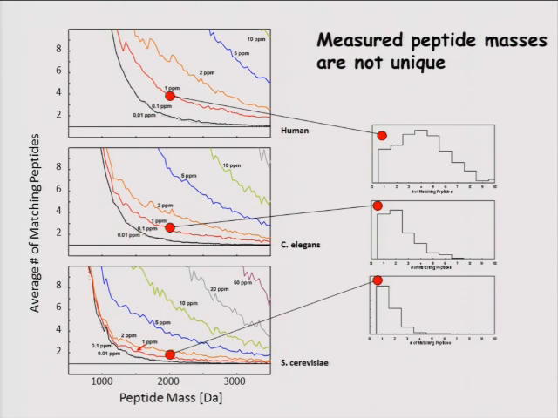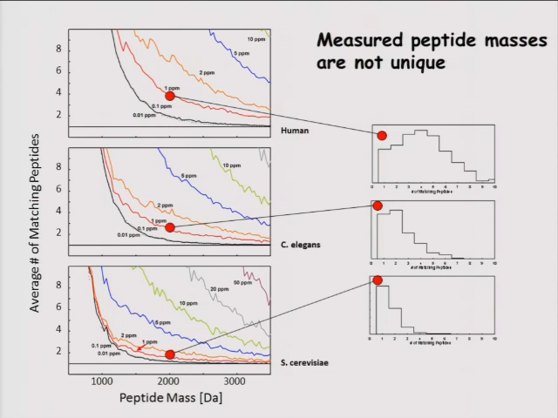The three different panels represent three different proteomes. So the larger the proteome, the larger the number of randomly matching peptides. The top panel represents the human proteome, and the different lines you see there in different colors represent different mass accuracies, going from the top at 10 ppm and down to 0.1 ppm.